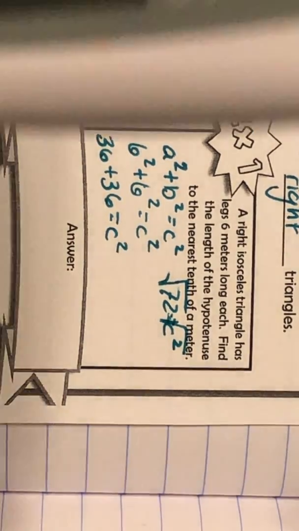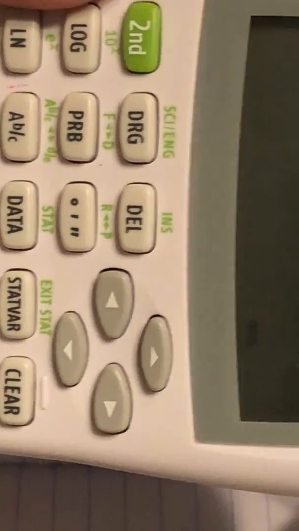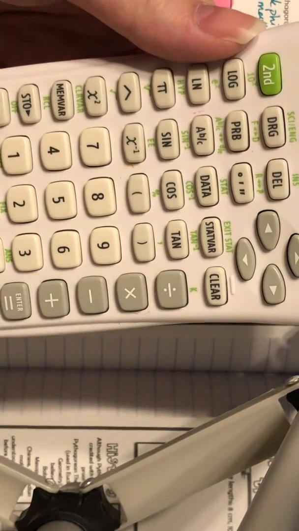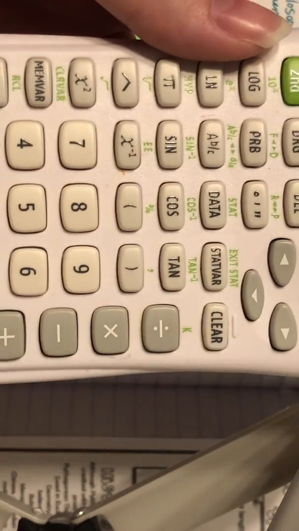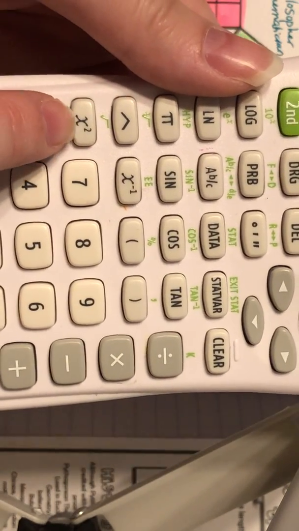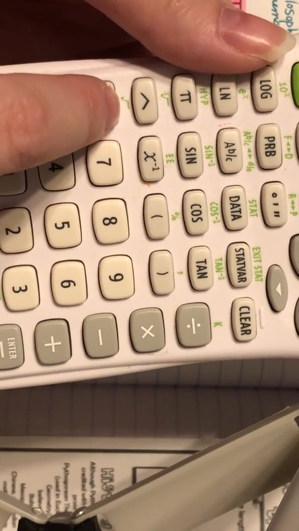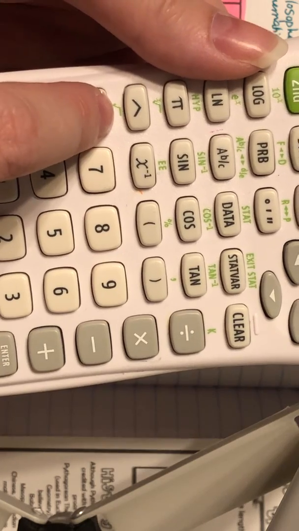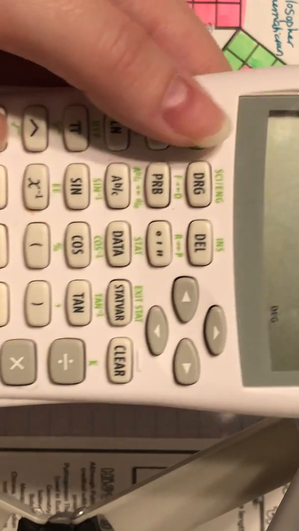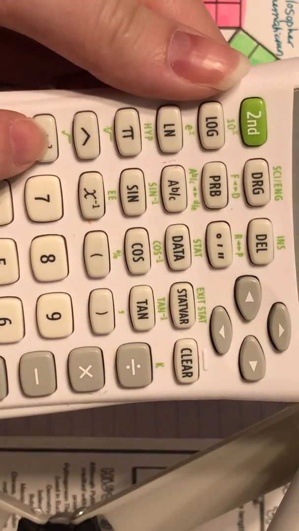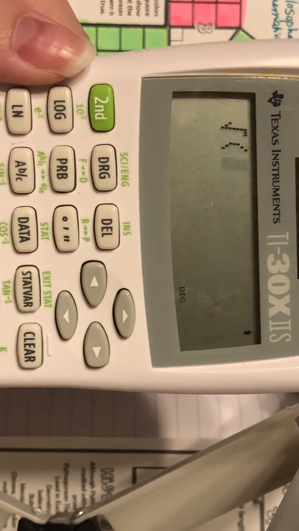You can do this on the calculator, so let me show you. Right where the square button is, there's a little tiny green square root symbol, in this case because my calculator is green. So I take the green second button, then hit the square button, and it gives me the square root.